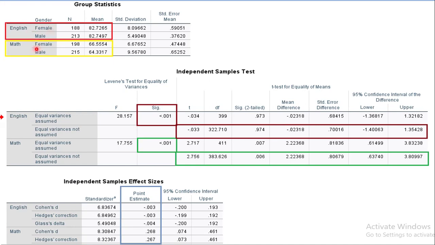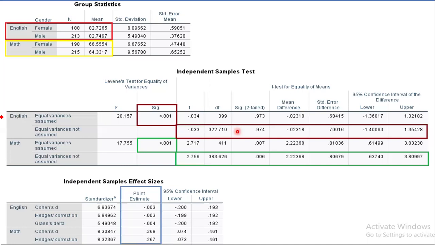While in case of math, there are 198 females having an average score of 66.55 in mathematics, while there were 215 males with an average score of 64.33 in mathematics. And these differences are significant. No, sorry.